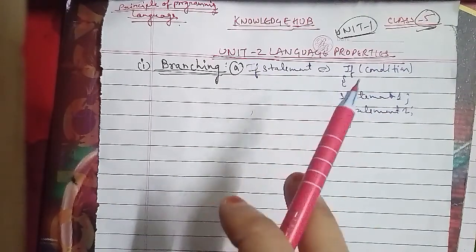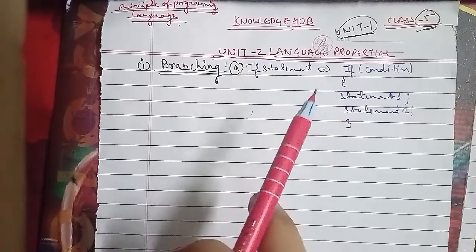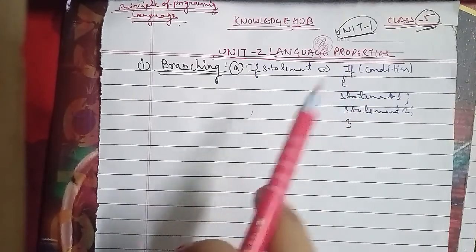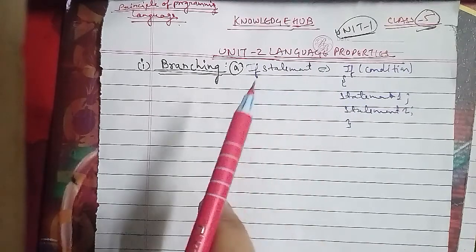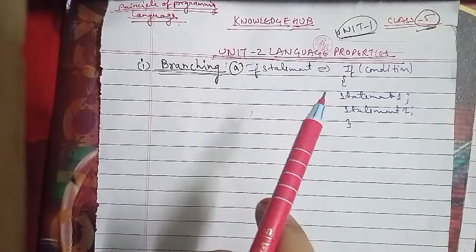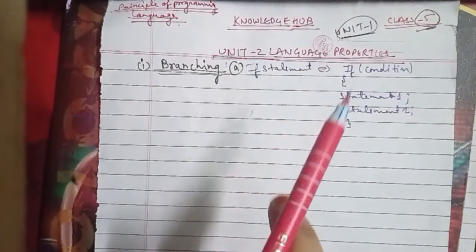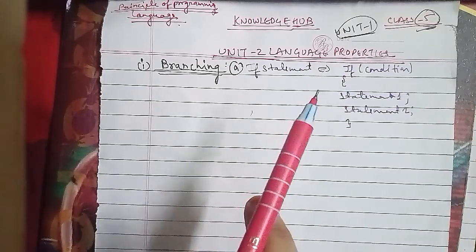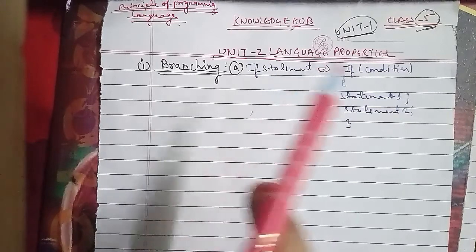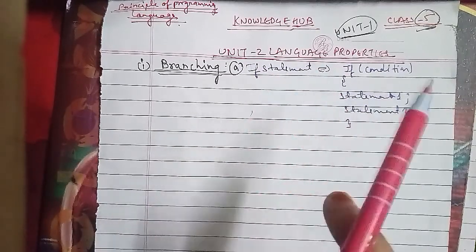The condition is always enclosed within a pair of parentheses, and that shows the flowchart. Let's go ahead with the flowchart for the simple if logic, and then we'll discuss the second one, which is if-else in branching. So let's go ahead with the flowchart. This is your entry.